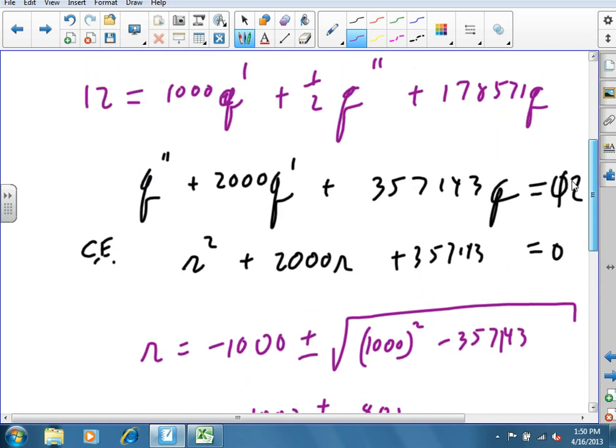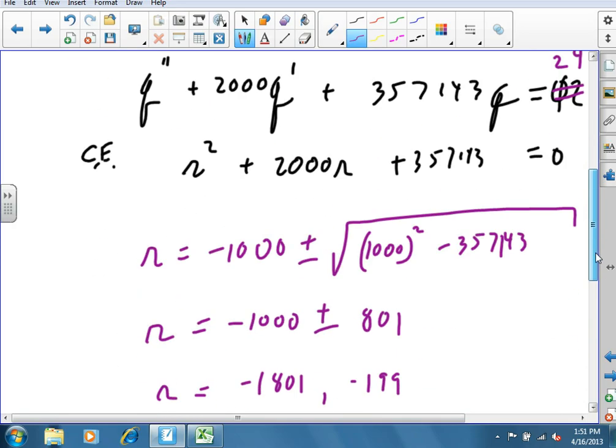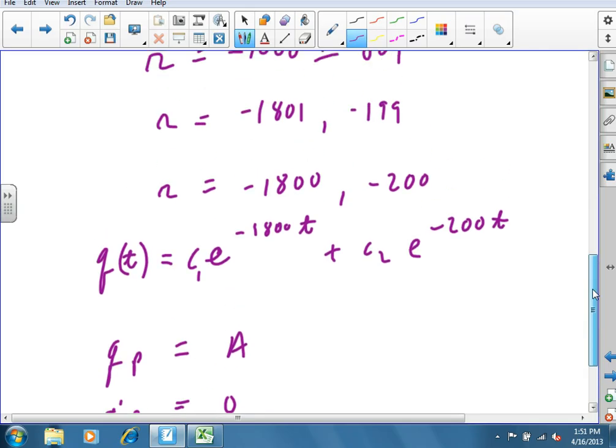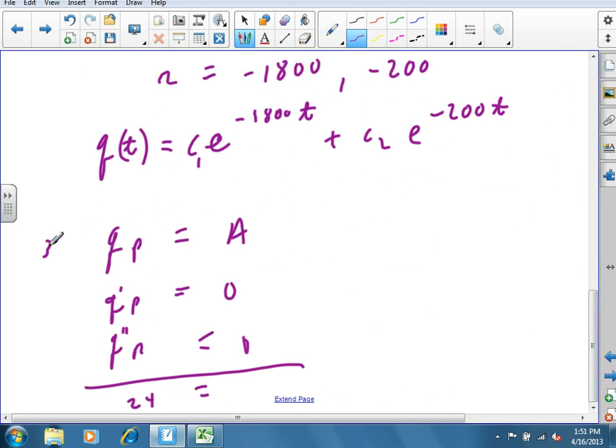What do I want? As I was saying, this should be 24 because I'm multiplying everything by 2. So I want 24, and I've got that ridiculous number to deal with, 357,143. So A is going to be 24 divided by 357,143. Isn't that lovely?